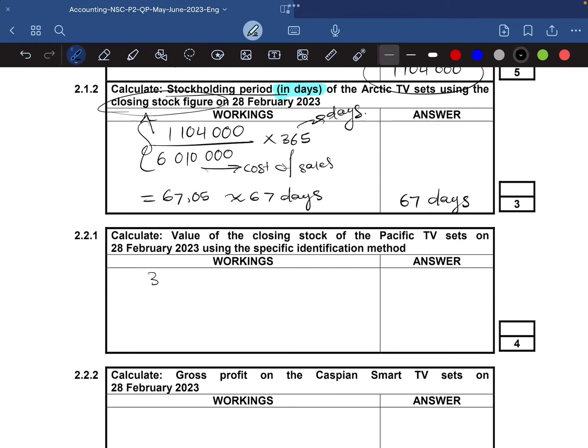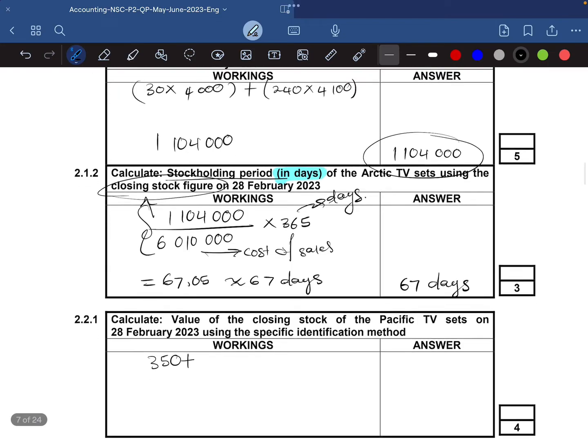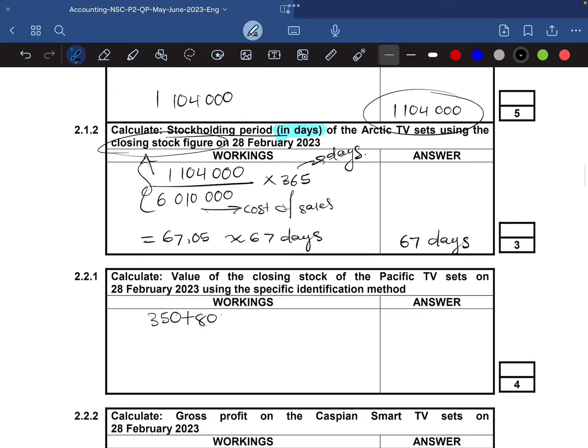It's 350 plus 800 minus 765. So let's just see how many units we have at the end. That's 350 plus 800 minus 765, which is 385 units.